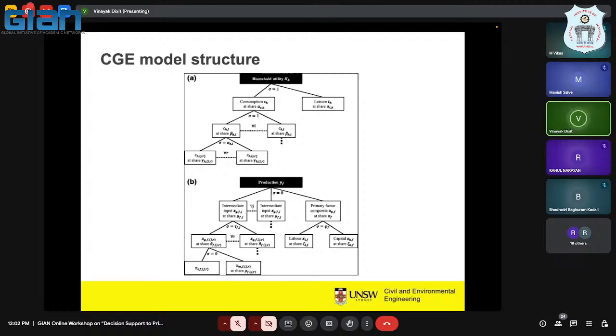It will need diesel or it will need electricity. It will need sugarcane. It will need some other chemicals, and it will need labor, and it will need capital. So those are called primary factors, labor and capital.